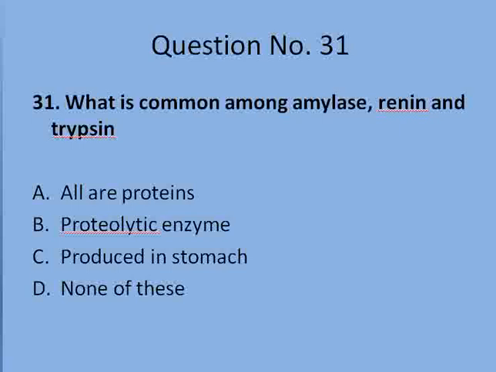Question number 31. What is common among amylase, renin and trypsin? The correct answer for this one is all are proteins, or all are made up of proteins. Proteolytic enzyme produced in stomach, none of this is given. So option A is the correct answer.